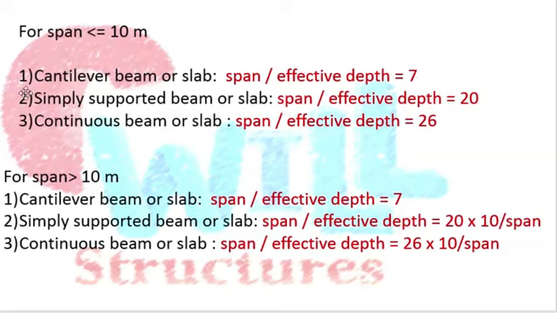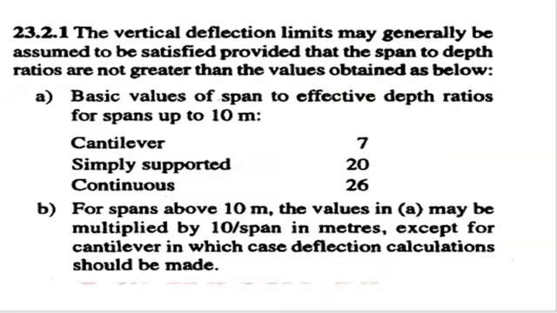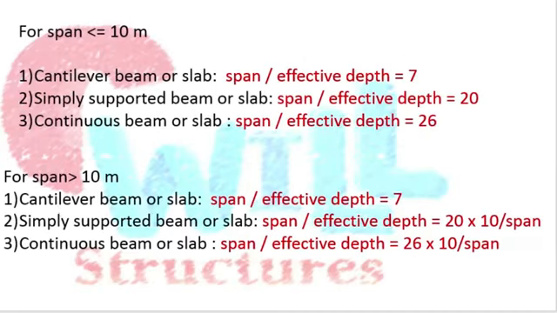It means if our beam or slab has a span length less than or equal to 10 meters, we have to take our span by depth ratio, or we can say span by effective depth ratio. For a cantilever beam or slab it will be 7, for simply supported it will be 20, and for a continuous beam or slab it will be 26.